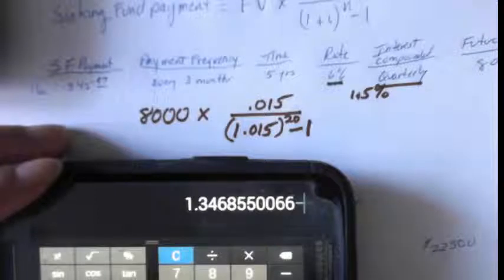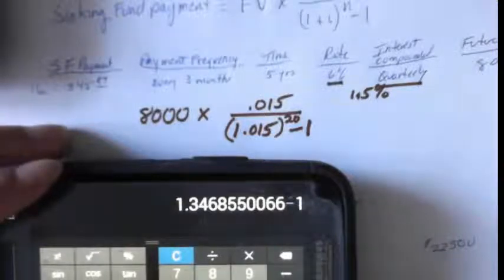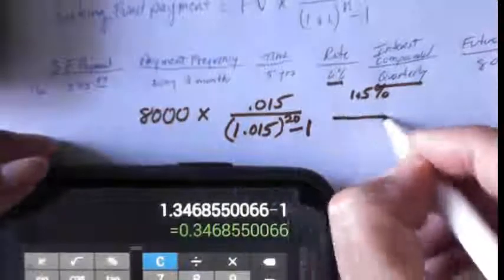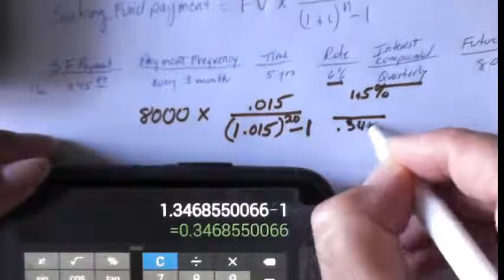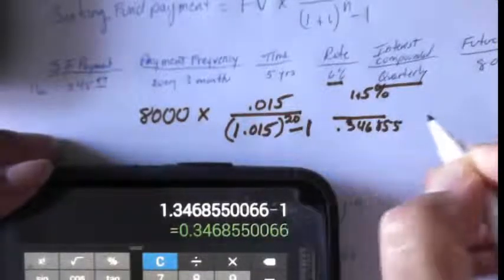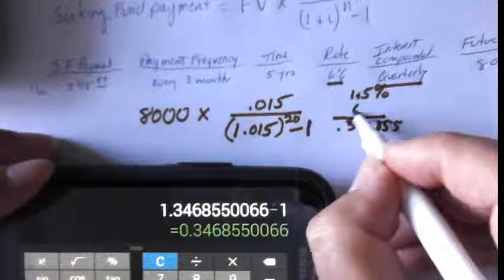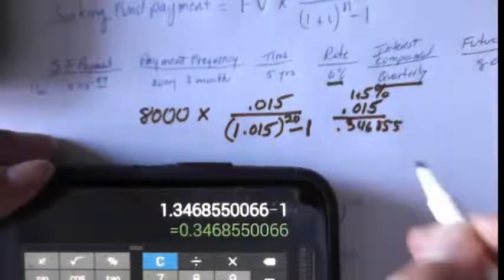Minus 1 equals, okay, so that's going to be on the bottom, 0.34685, and that's close enough. And we have that's still on the top.